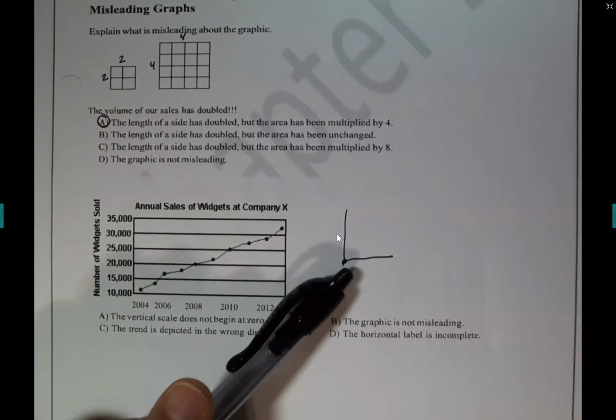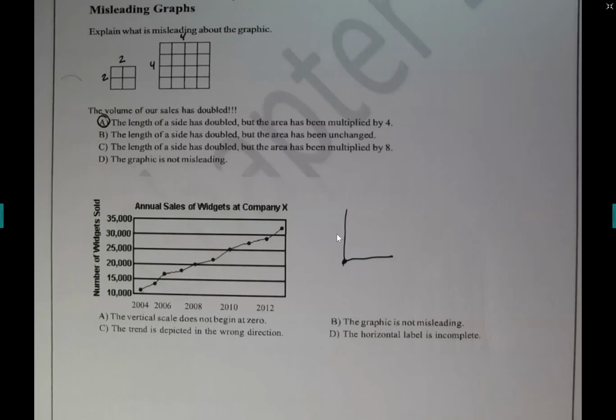What is the X and the Y of the origin? 0. 0. What is it right here? 10,000. That's misleading. You're going to inflate your graph if you don't start at 0. So if the vertical line doesn't start at 0, the graph will be misleading.